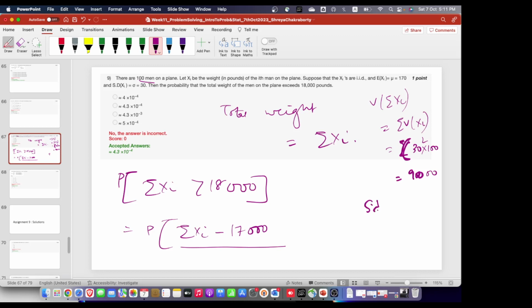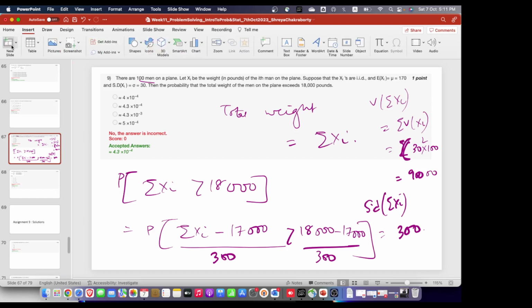Okay, so SD of summation xi will be 300. So greater than 18000 minus 17000 by 300. Okay, so it will be 10 by 3.